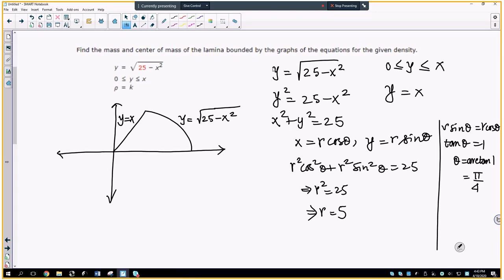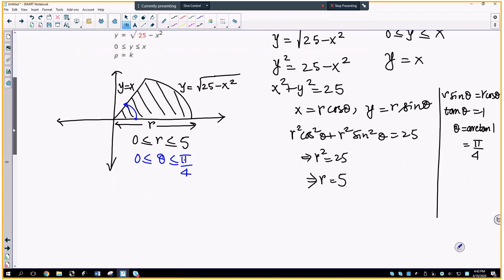Since I'm integrating over this closed region, my value of r is bounded between 0 and 5. So that is the limit for r, whereas the angular measure starts at 0 and goes all the way to the line y equal to x, which I know is pi over 4. So theta is between 0 and pi over 4. These are your limits for the integration.